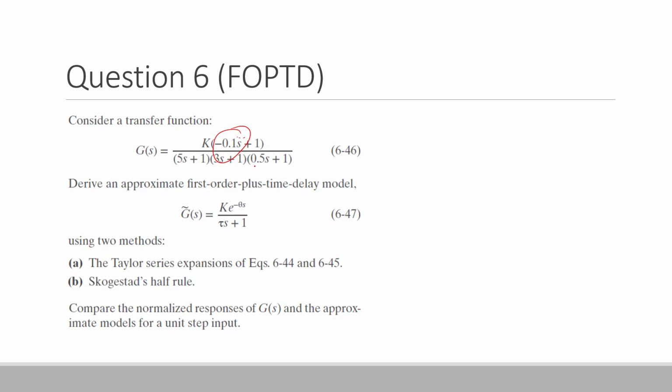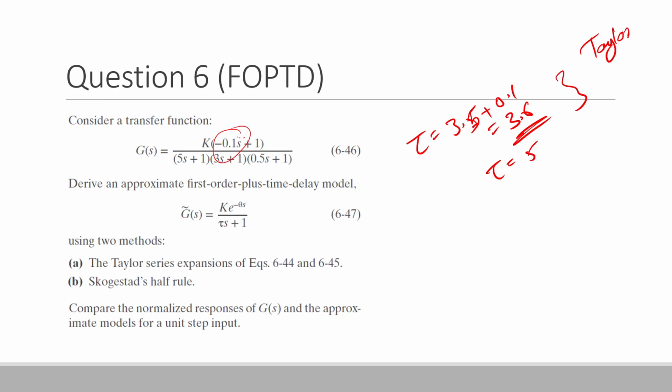So the time delay will become, what you had suggested was 3.5, but it will become 3.5 plus 0.1, that is 3.6. Then the time constant is same, 5. So this is from Taylor series expansion. Now you can use the same approach to approximate using half rule formula.